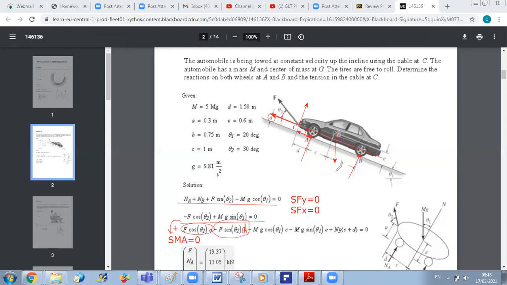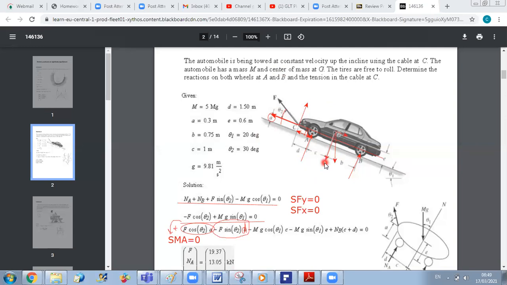Now, for the weight, I will do the same. I will decompose the weight into two components. I have the component along Y and the component along X. To start with the component along Y, it is doing a clockwise moment about A. So the moment is negative. So it's minus mg cosine theta 1, okay?